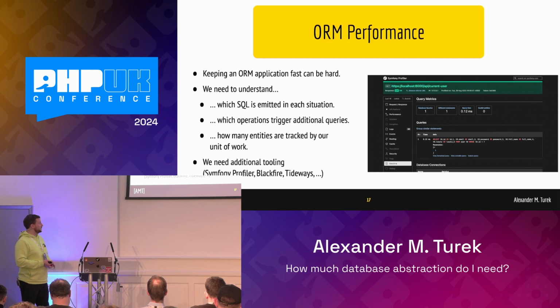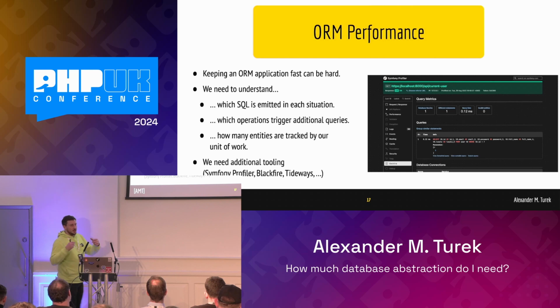But when it comes to memory usage and everything, then I probably need a real profiler like Blackfire or Tideways, something that looks at everything that my PHP application does somewhat from the outside. So this makes the whole usage of the ORM a bit more complicated than it looked like in the beginning, right?